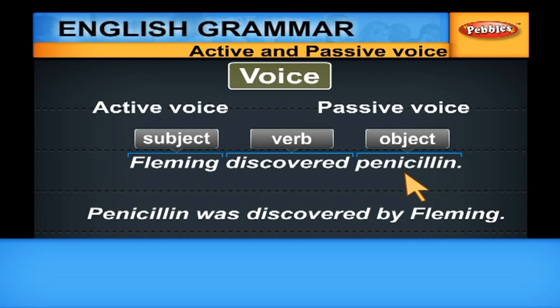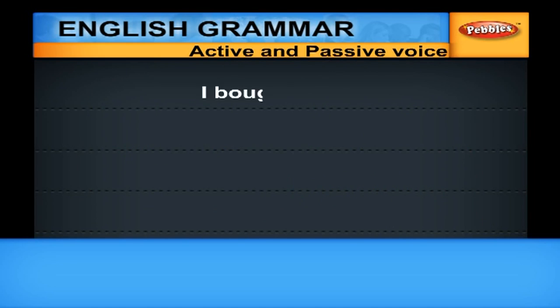To identify the object of a sentence, you have to ask the question what or whom after the verb. I bought a car. I bought what? I bought a car. Or, what did you buy? I bought a car. So here, a car is the object.